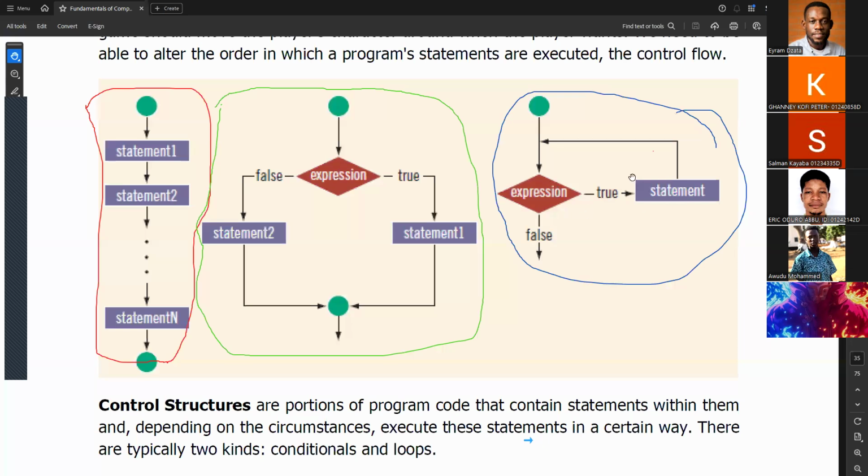So that's what we call the looping control structure, or the iterative or the repetition control structure. What they do is repeat a certain portion of the code while the condition is met. And the decision-making one, which is the middle one, executes if the condition is met.